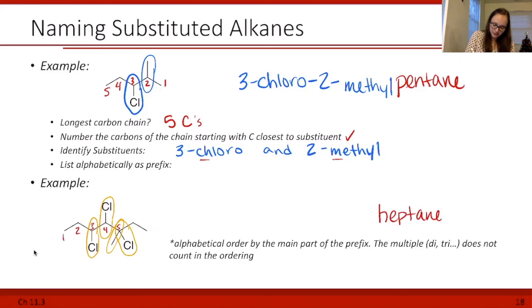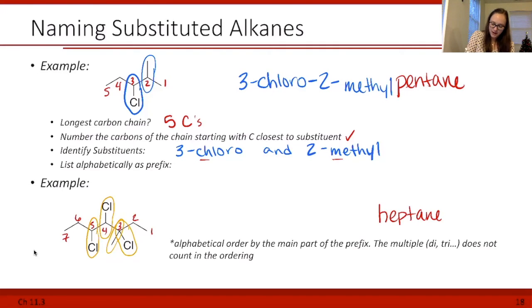So I'm going to switch my numbering to go the other way. Again, that is to make sure that my numbering on my substituents is the lowest possible numbering that I can have. Okay, so now let's write out what our substituents are. I have the fancy technology of this iPad, so I'm going to cheat a little bit.